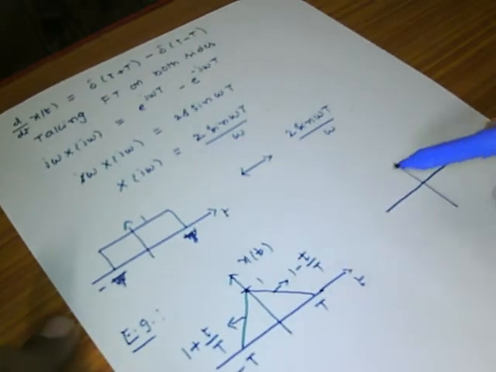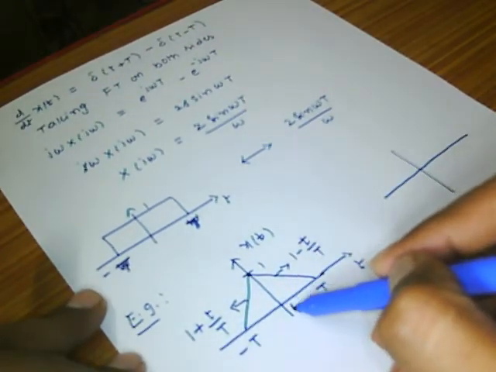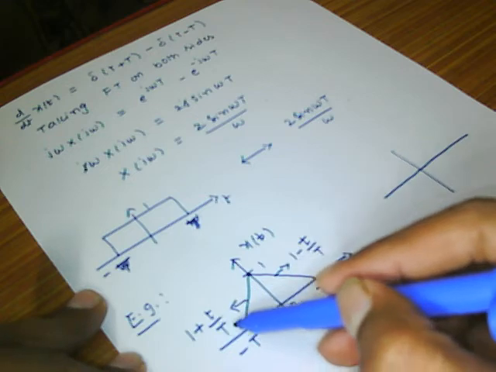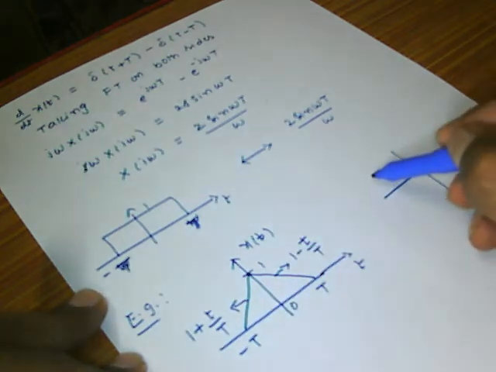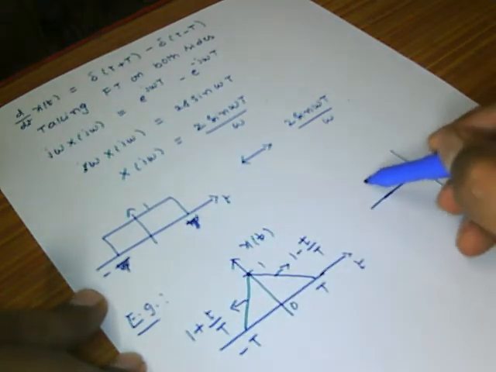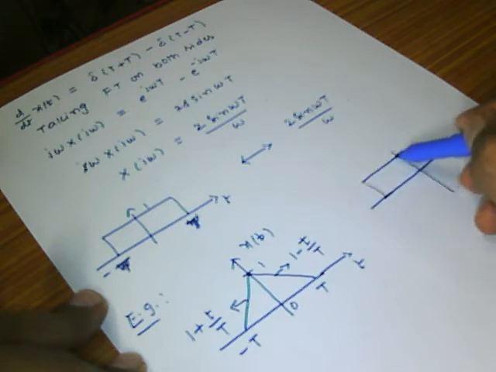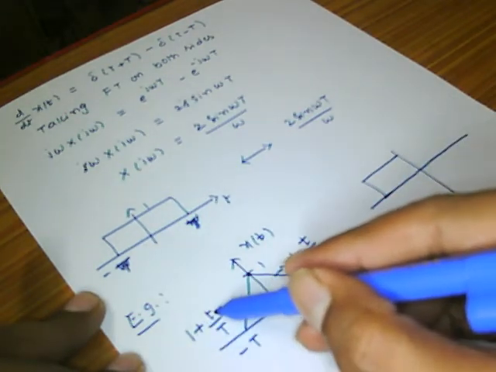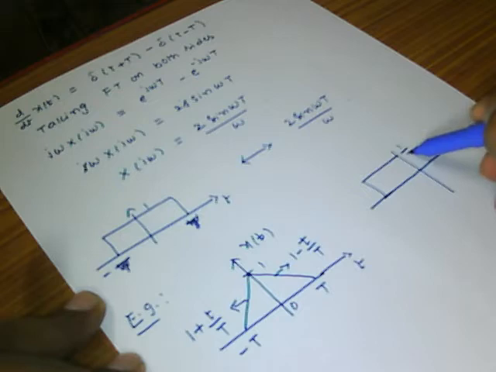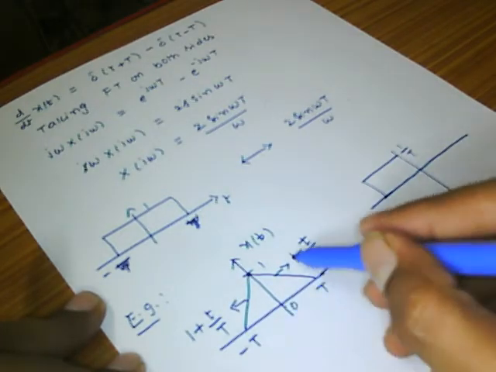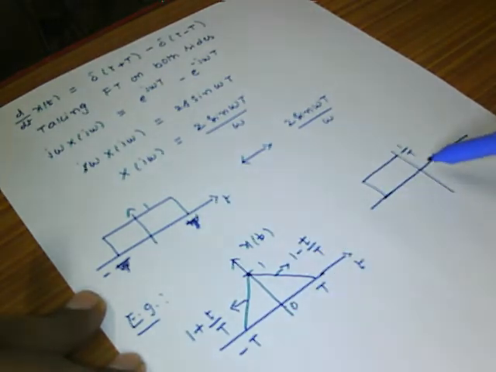From minus T to 0 it is 1 plus t by T, so if you differentiate that, you will get 1 by T. Similarly from 0 to T it is 1 minus t by T, so if you differentiate that, you will get minus 1 by T.